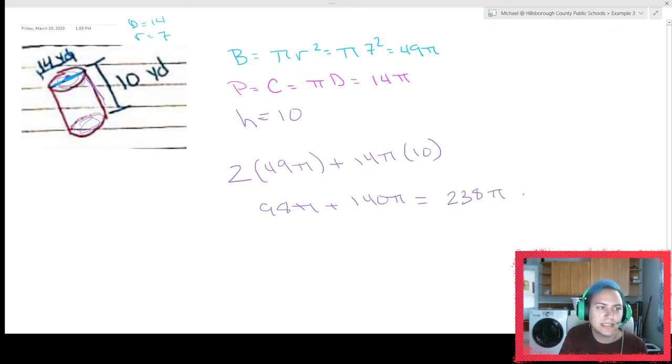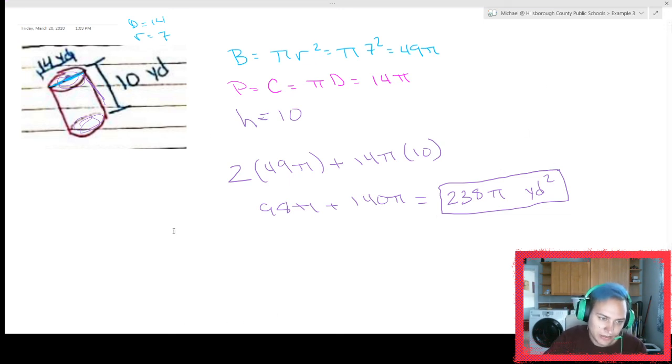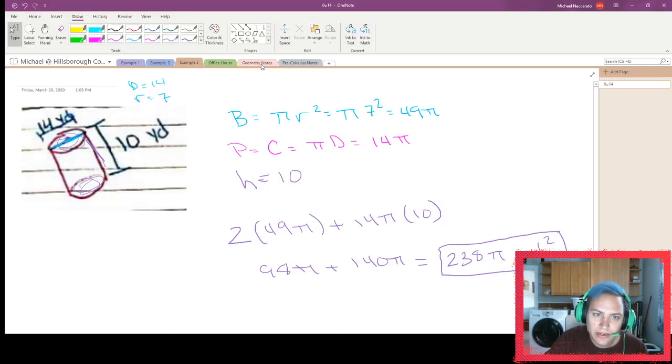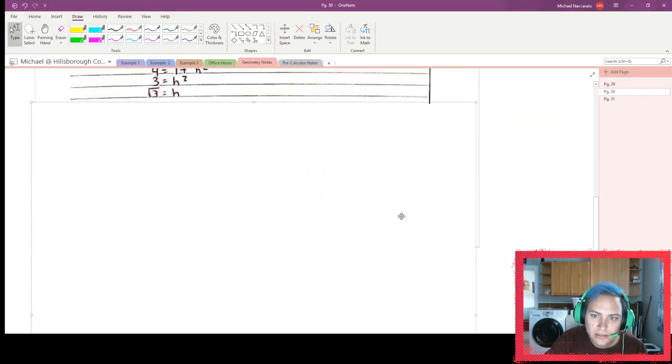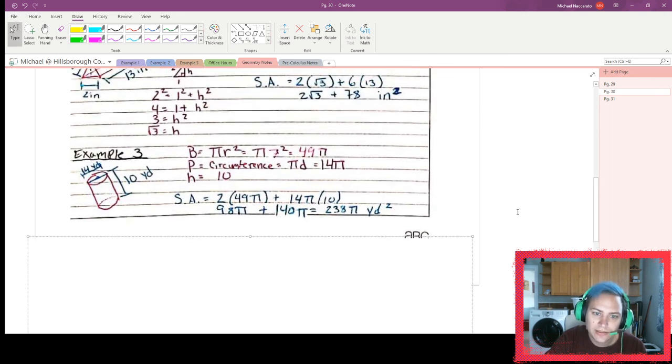And then we'll put our units in yards squared. And that would be the surface area of this cylinder. So again, let me go back over here so you can see this a little bit nicer written out neatly. There it is, and we would be done.